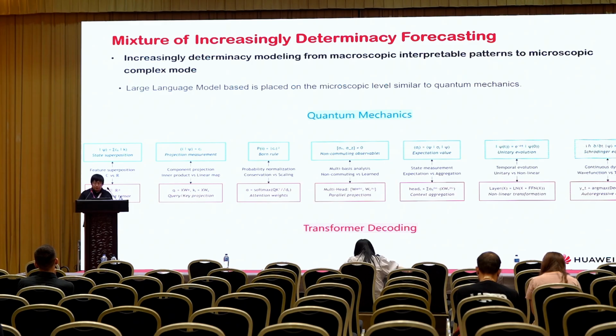Multi-head attention applies independent linear maps to the same input, projecting it into several learned subspaces in parallel, like measuring a quantum state in multiple bases simultaneously, except for the absence of orthogonality constraints and any collapse-induced state change. The last, iterative transformation, is stacking layers of attention, feed-forward transformations, residual connections, and normalizations that progressively refine the high-dimensional representation.